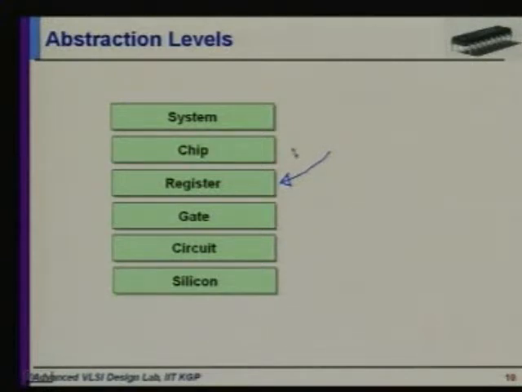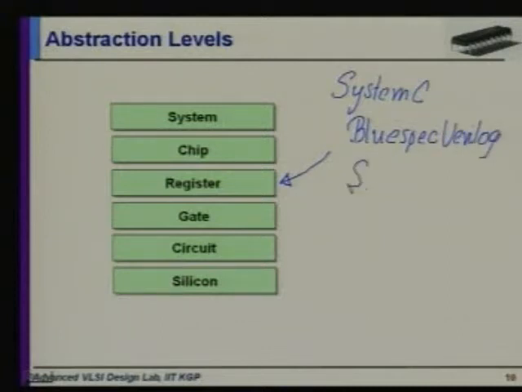People are trying to migrate the design entry to higher levels. They are looking at new kinds of languages where you can enter the design at a higher level of abstraction and then compile it from there. Things like SystemC are one candidate. Then there are new entries like BlueSpec Verilog, and there is a language called SpecC.